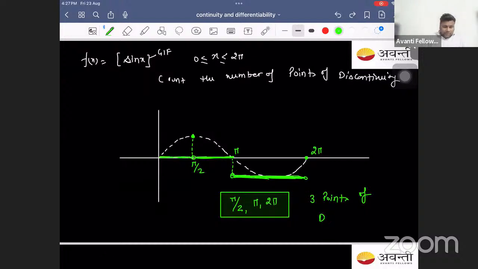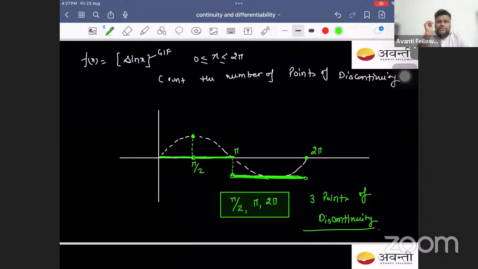Have I made my point clear? So this is the graph of greatest integer of sin x, which is discontinuous at 3 points. Got it?